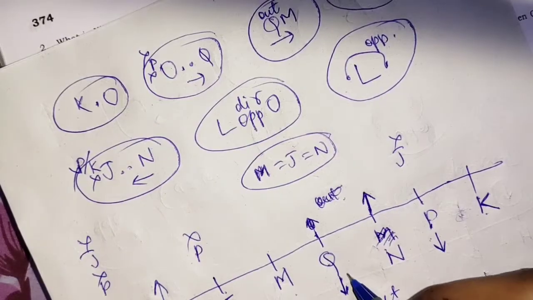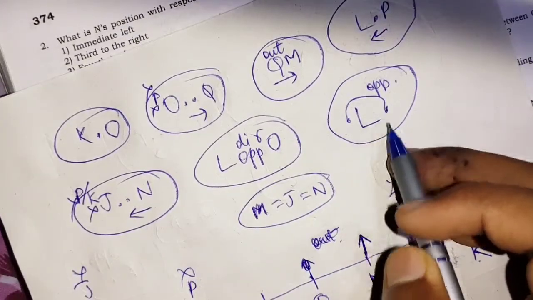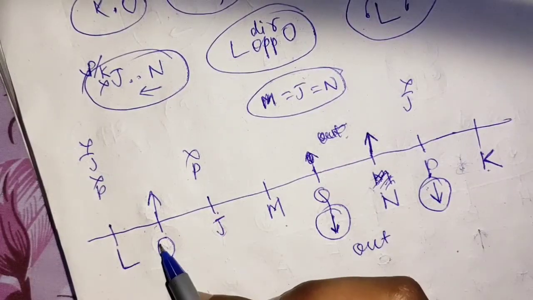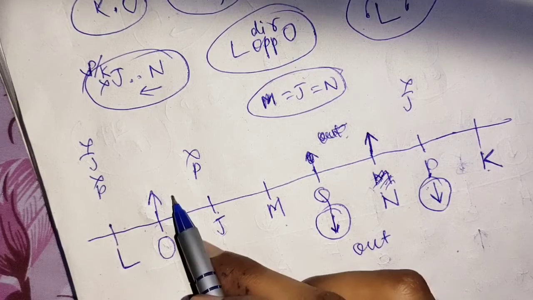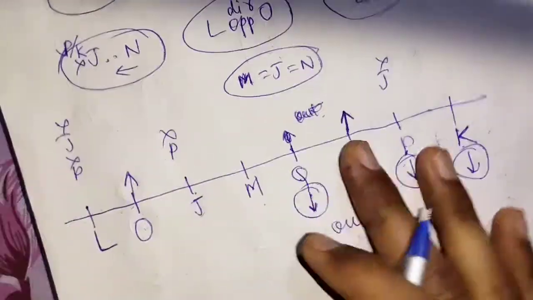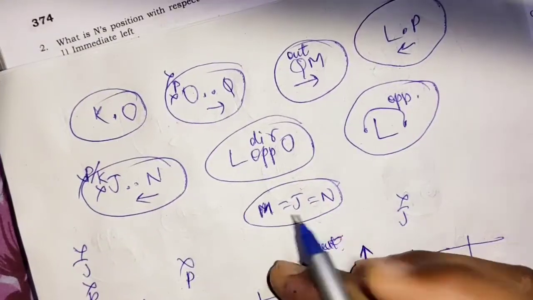So we take the downward direction as this, we will encircle them, and the directions of the immediate neighbors of L are opposite. So if one neighbor of L is facing upward, the other will definitely face downward. Now J and M, let's see.